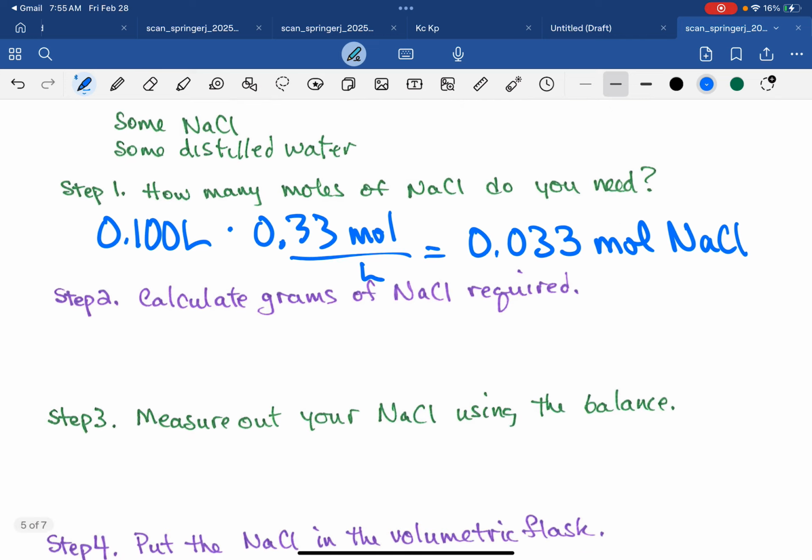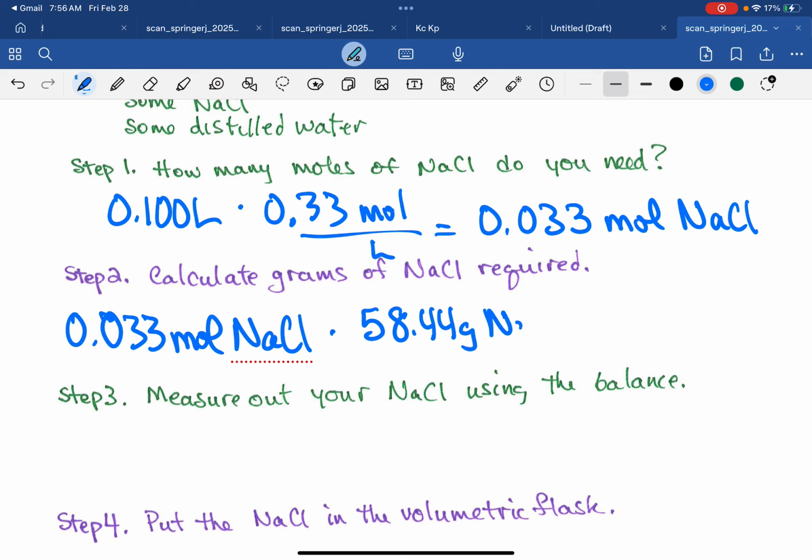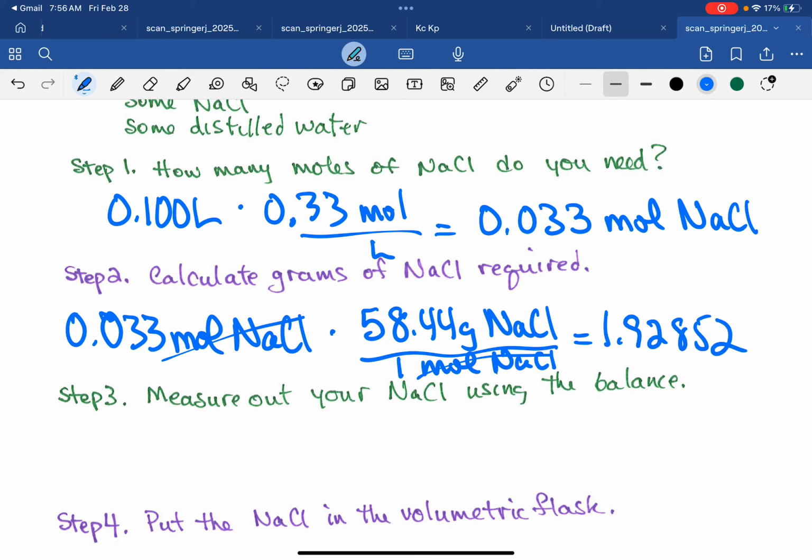Okay. And then how many grams would that be? Well, we'll take our 0.033 moles of NaCl, and just like we've done in the past, we're going to convert that to grams of NaCl. So we're going to multiply by the molar mass, 58.44 grams is 1 mole. And so that turns out to be 1.92852.